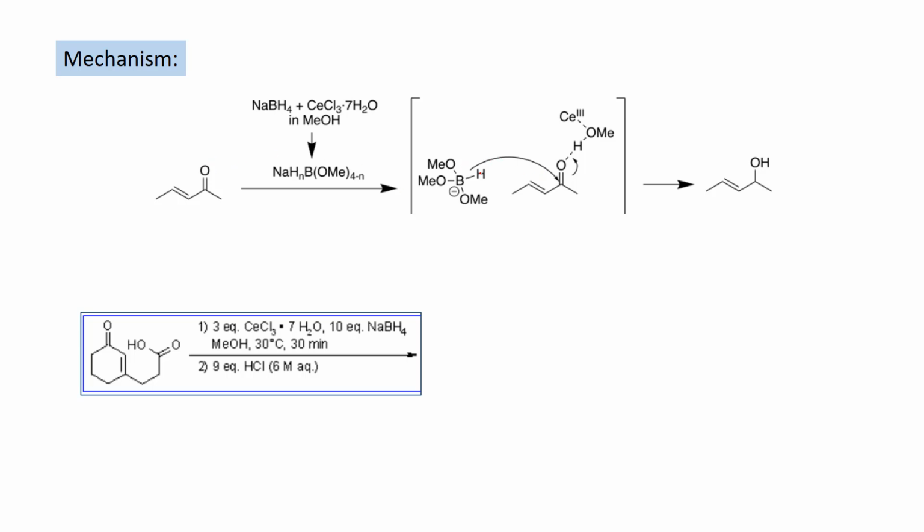Because of that, this H- will attack here, forming this reduced product. Now in this case, what will happen? They have added cerium chloride, NaBH4, methanol. In the second step, they are adding HCl. What will be the product? I will give just 2 seconds, just try. 5 seconds, sorry.